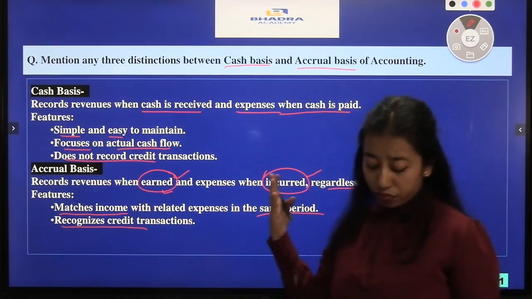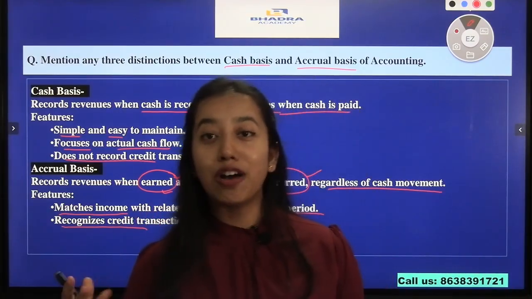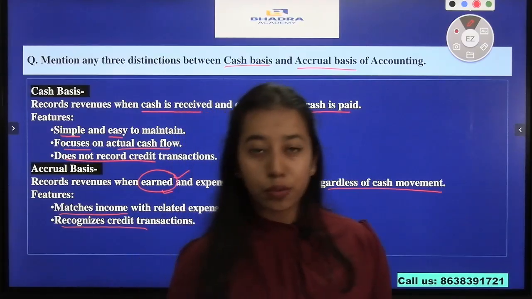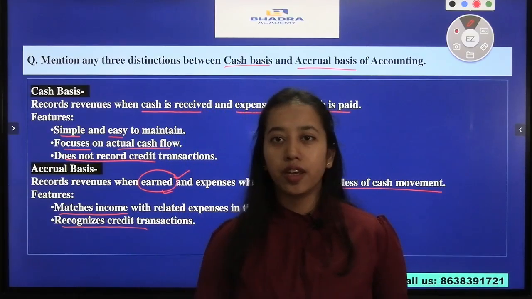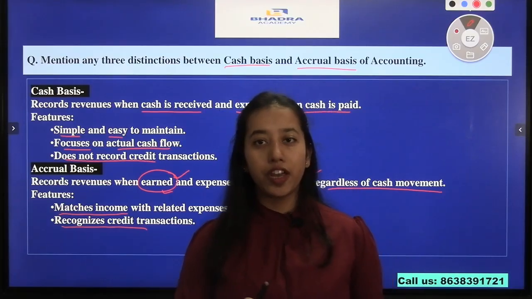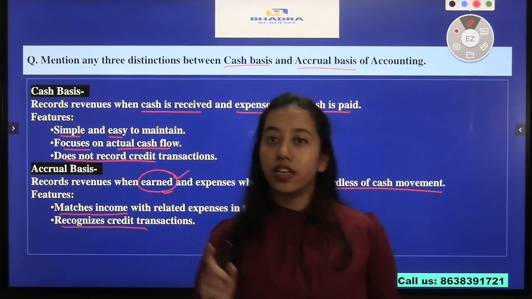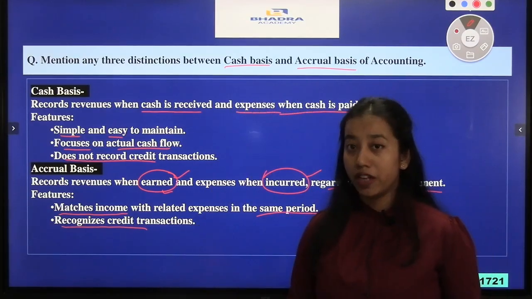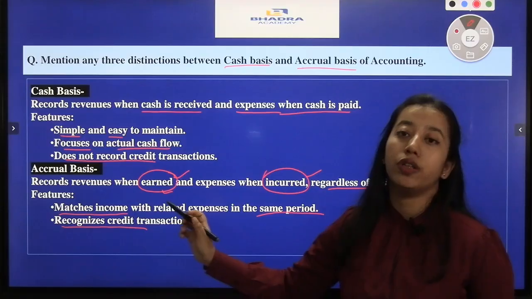Suppose the salary of an employee is outstanding. That will very much be paid. The cash doesn't go out, but the payment will be made. That kind of transaction will be recorded in the books under accrual basis.